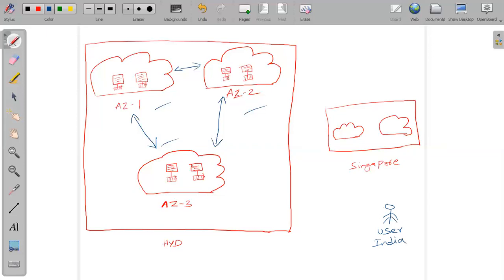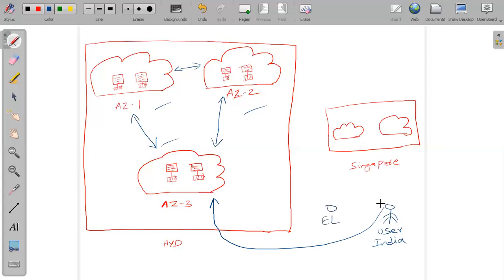By default, it will direct to any of the regions, either this or this or this, because they are connecting in India, right? Then at that point of time, there is a point called the edge location.